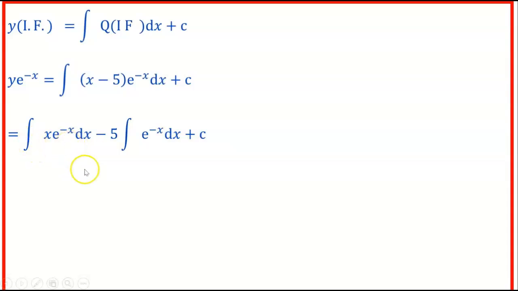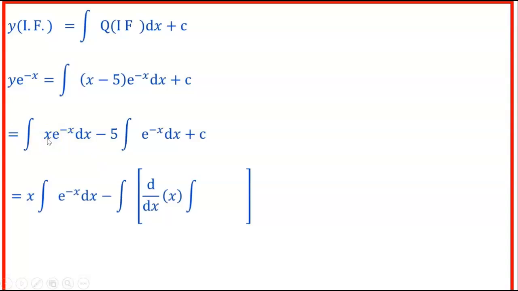Now solve this integration by parts. Again here there are two functions: first is the algebraic function and second the exponential. First function into the integral of the second, minus the integral of the derivative of the first into the integral of the second. And what is the integral of e raised to minus x? That is e raised to minus x upon the derivative of minus x, which is minus 1, plus c.